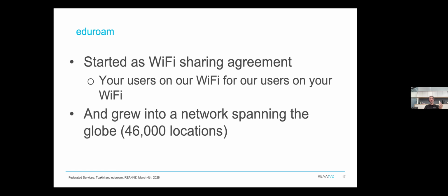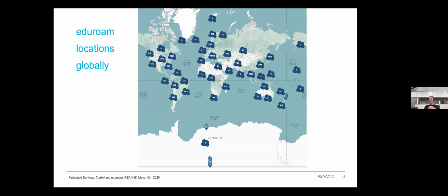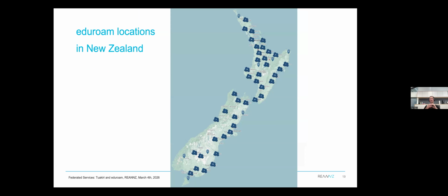That now spans 46,000 locations. This is just a map showing where all you have locations. That includes Antarctica. That includes a large number of locations in New Zealand. This is a zoom in on New Zealand, in which all places you can get eduroam coverage.